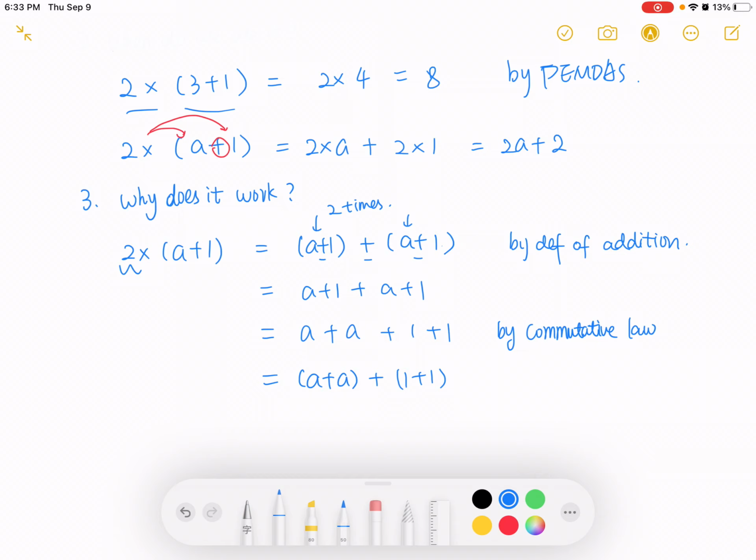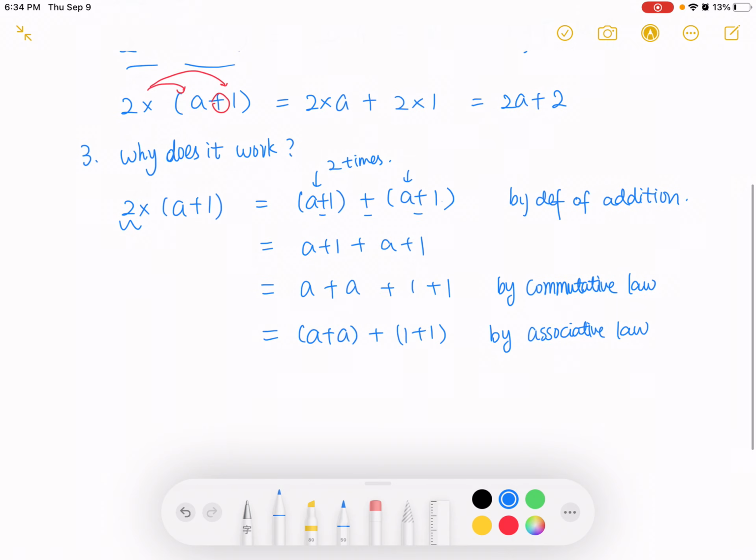Once again, essentially it means the order doesn't matter, but this step is called the associative law. You do not have to remember all the names. Just remember that essentially you can rearrange them, and you can add a few terms first before you add the other terms.